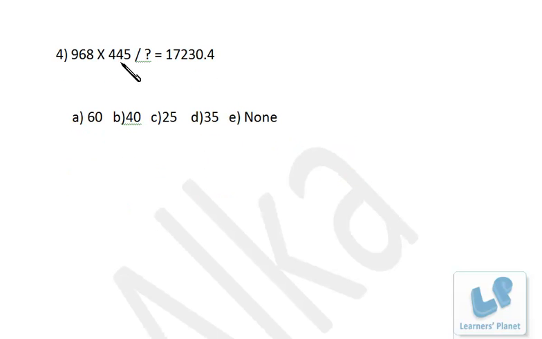Now a calculation based problem. 968 into 445 is equal to x into 0.4. Now I eliminate this point, I put a 0 over here, right? Now obviously you cannot multiply these two numbers and divide by these numbers to get the value of x. To save your time, what you need to do, you check the options, right?